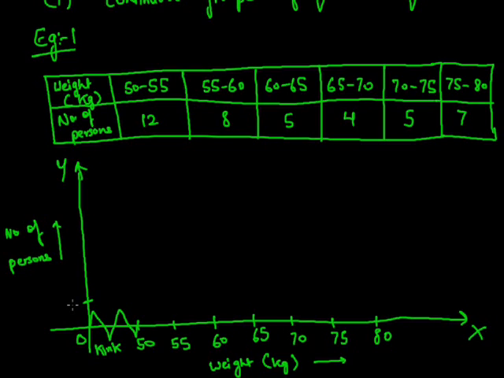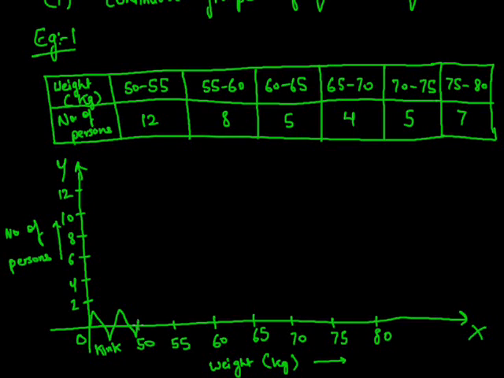If you observe the data, it is 12, 8, 4, 5, 7. So we will take it on the basis of that. We will take 0 to 2, 2 to 4, 6, 8, 10 and 12. Now it is easier for us to plot the points.